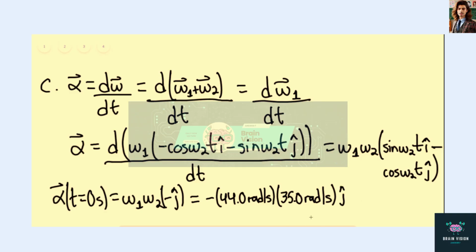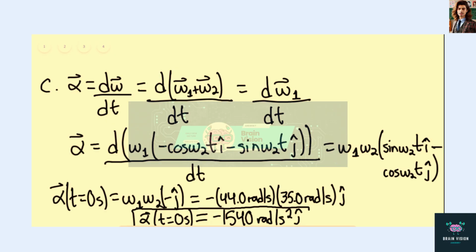We find that the angular acceleration at t equals 0 seconds would equal negative 1,540 radians per second squared, j hat. This would be your answer here. That is the end of the solution.